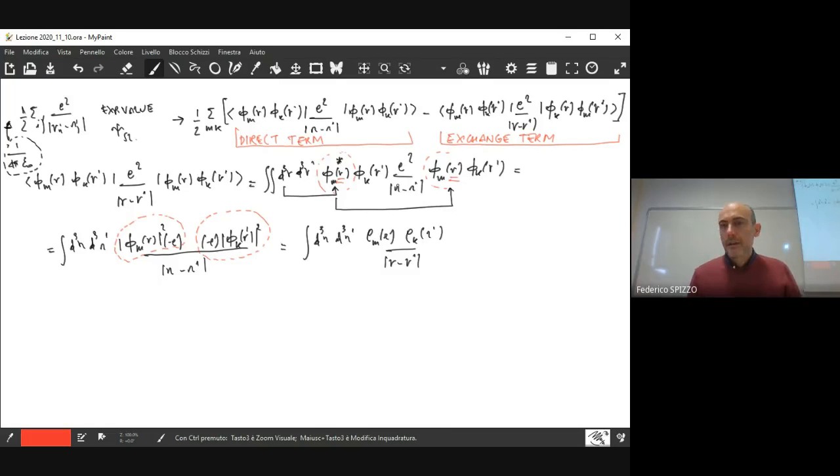So when you have the scalar product, you have the scalar product among the spatial components that correspond to the same level, and also the scalar product between the spin components that again correspond to the same level. So if the spin components correspond to the same level, this means the spin status is always the same. So level m may be, for instance, spin up or spin down, but you have spin down on both sides of the scalar product.